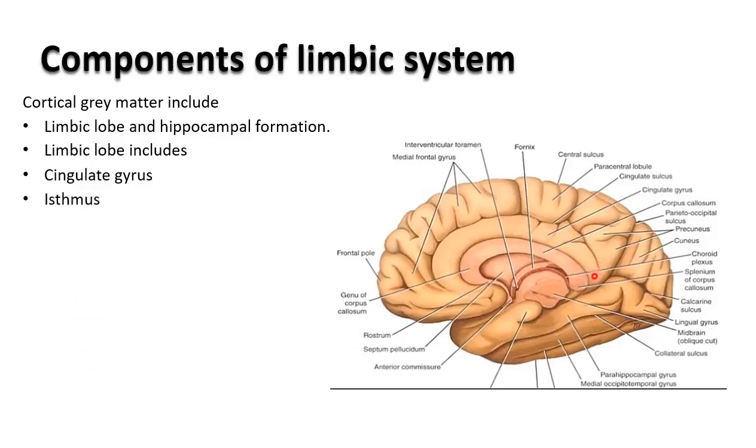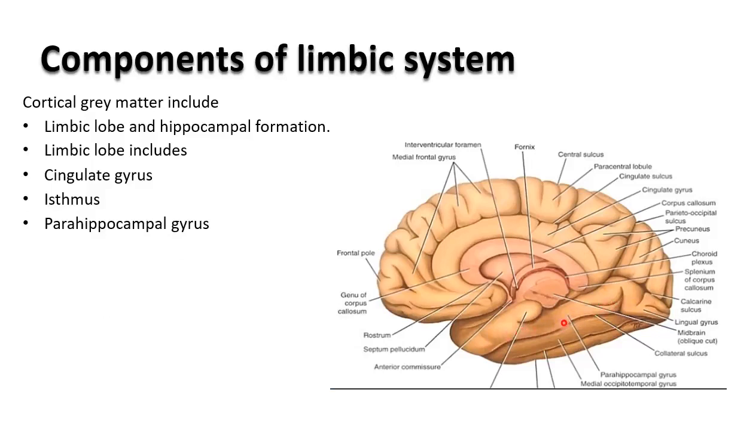Then the isthmus. Here we are able to see the parahippocampal gyrus is connected to the cingulate gyrus through a strip of cortex that is called the isthmus. There you have a gyrus which is also called the Gyrus Fasciolaris. I will come to it later. So now cingulate gyrus, isthmus, and then the parahippocampal gyrus.